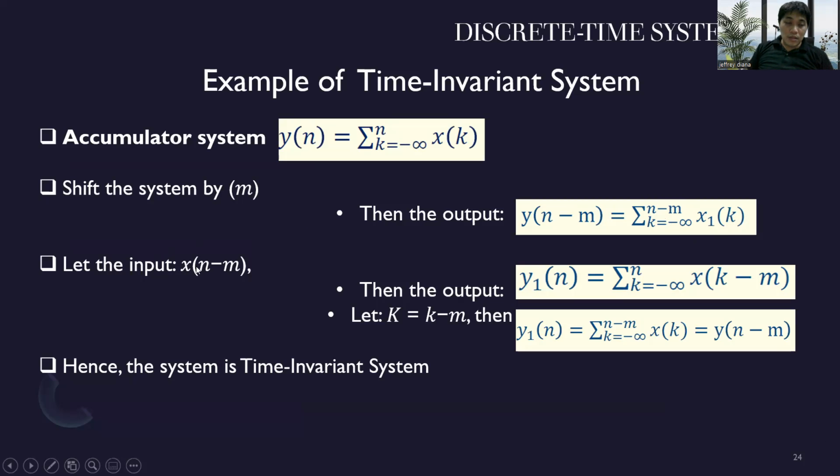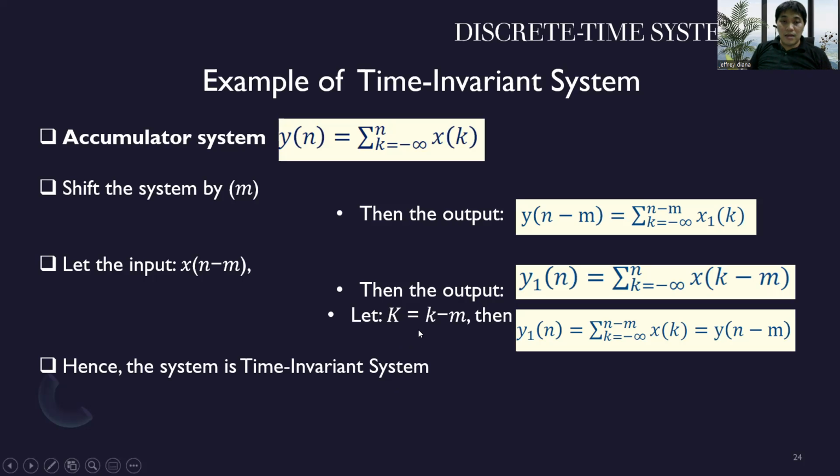So let the input x[n - m], then the output y1[n] = the summation of k = negative infinity to n of x[k - m].